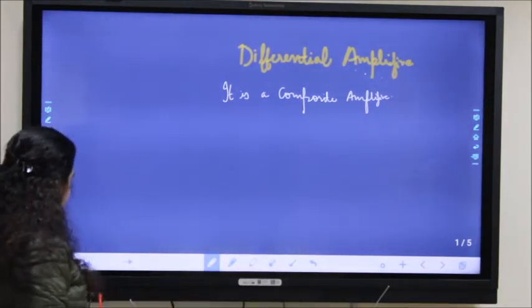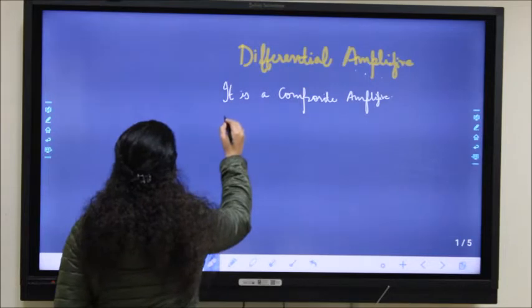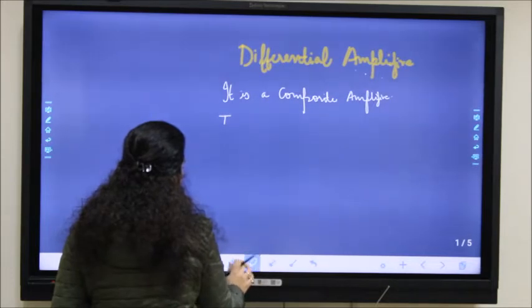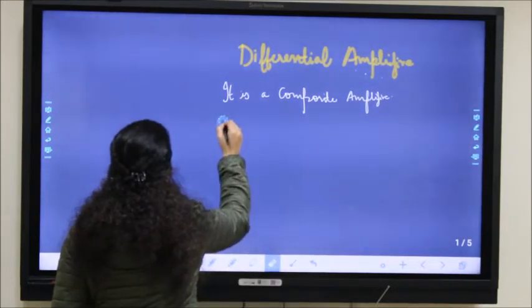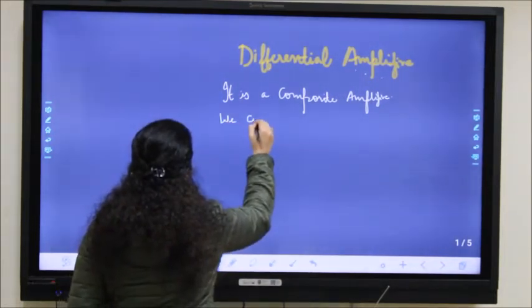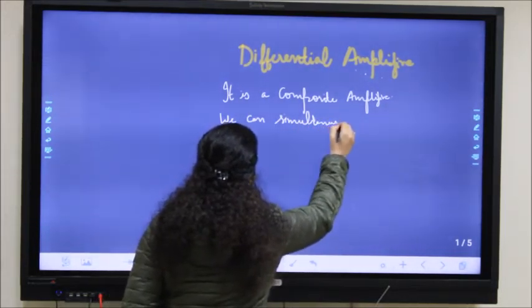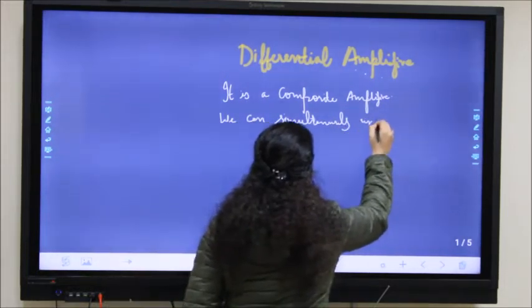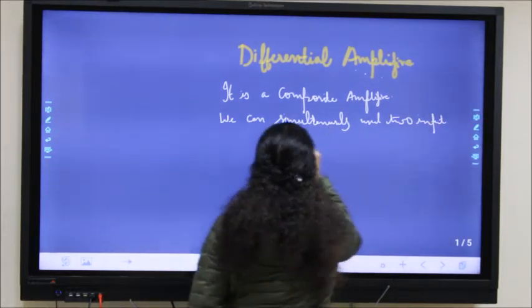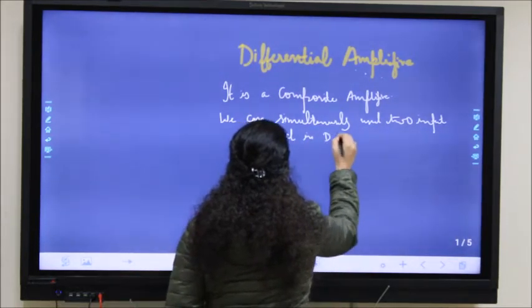We can simultaneously use two input signals in a differential amplifier.